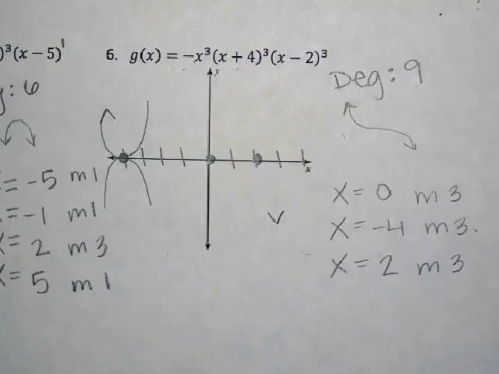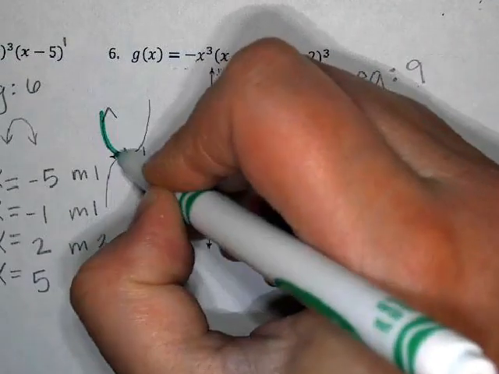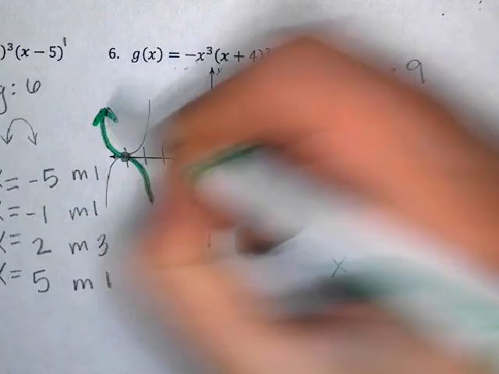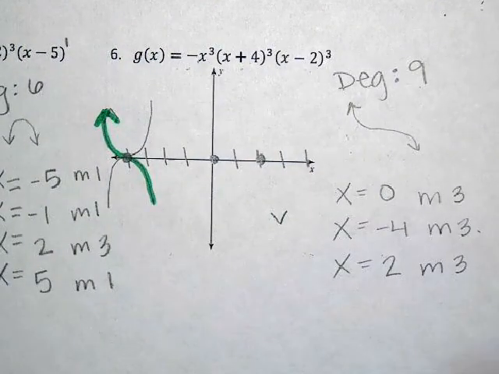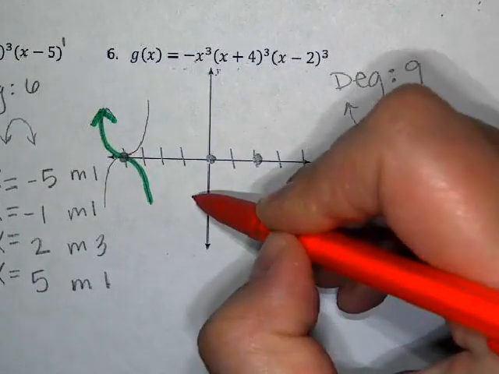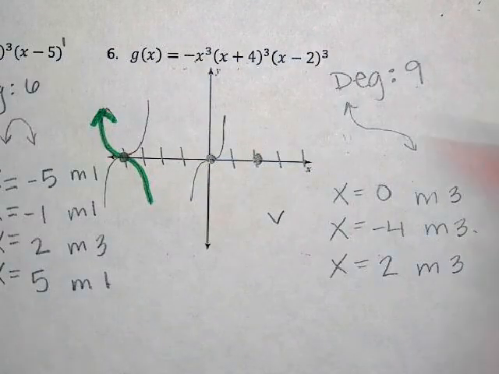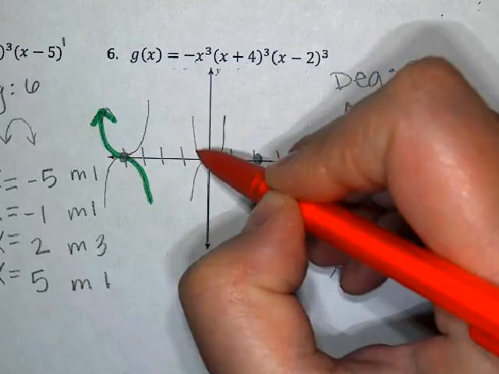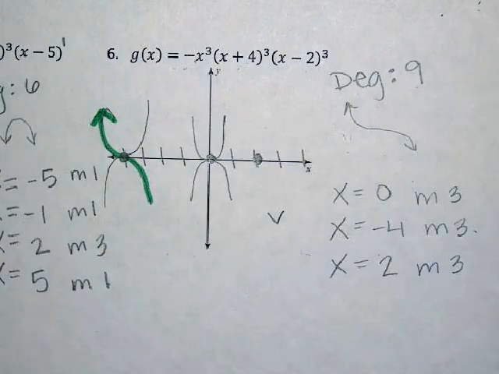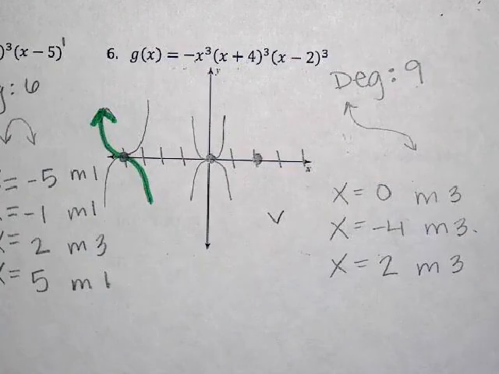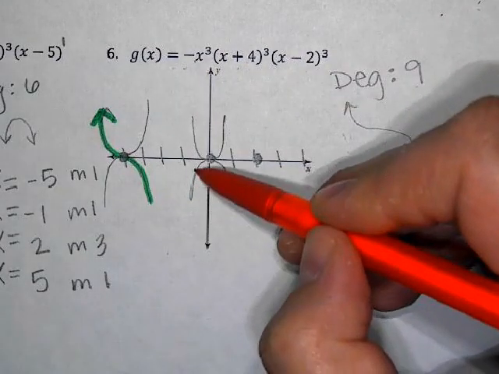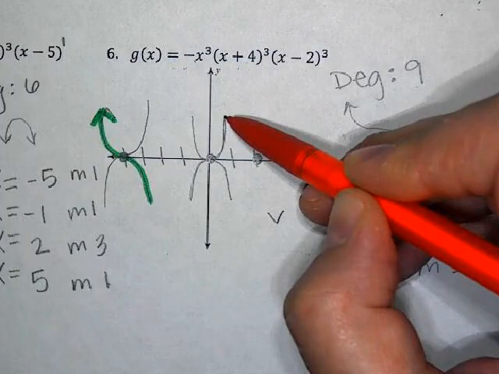For 0, should we go up, level off, go up? Or should we go down, level off, go down? Okay, we're going to go up, level off, and go up.